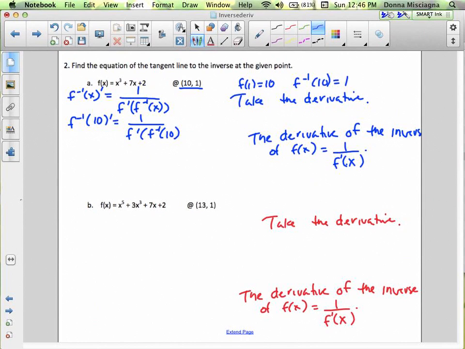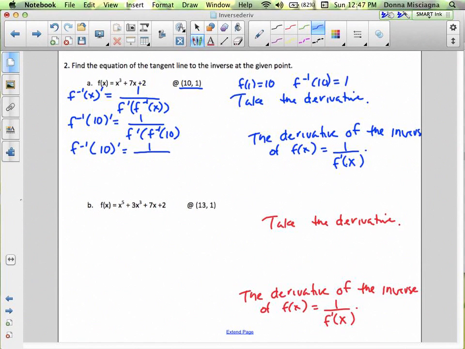And if this is a point on the inverse, then when we plug in 10, we get 1. If it was a point on the function, when we plug in 1, we get 10. So we're just going to make a decision that that's the point on the inverse.